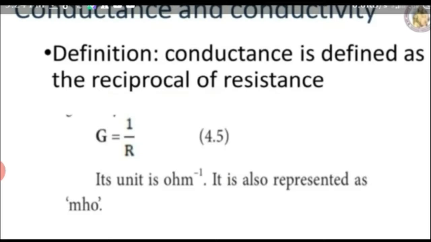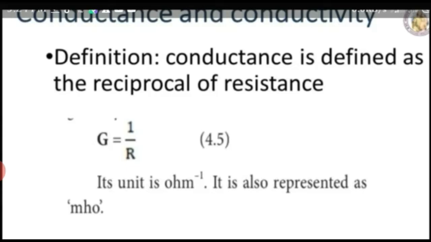It is denoted by the symbol G. Hence the conductance G of a conductor is given by G is equal to 1 divided by R. Its unit is ohm inverse. It is also represented as mho.